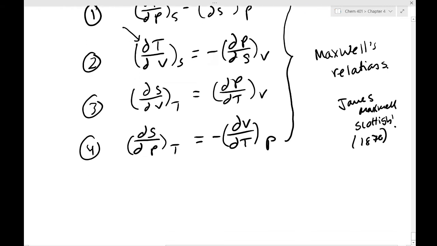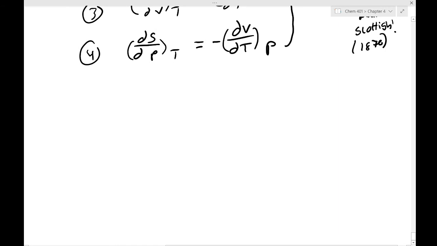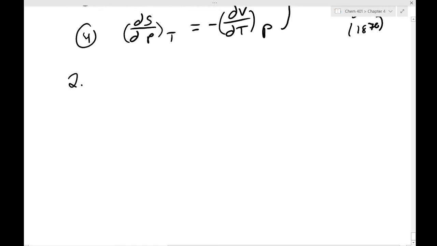Okay, two reasons why they are useful. There are more reasons, but these are the two reasons that I think are the most useful. Reasons the Maxwell's relations are so useful.